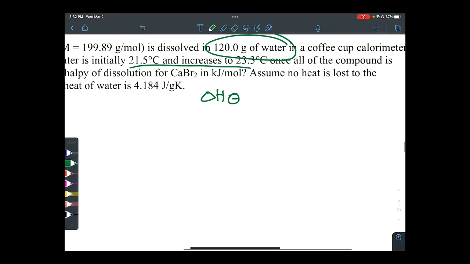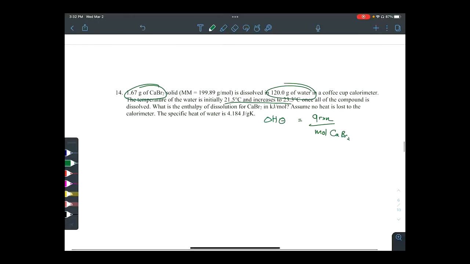So delta H, when we calculate it in any type of calorimetry, is Q of the reaction over moles of the thing. In this case, it's calcium bromide. Whenever we calculate delta H for these things, we calculate how much heat is involved in the reaction, and then divide by the moles of stuff that's reacting.